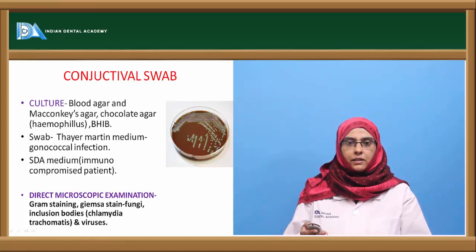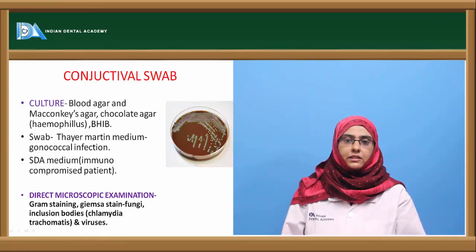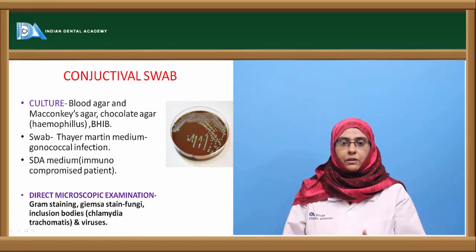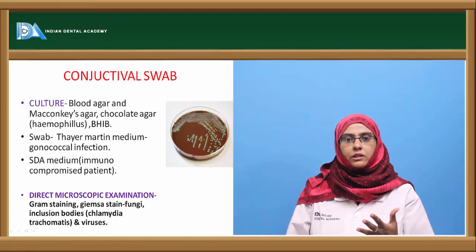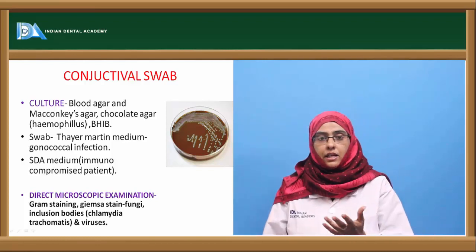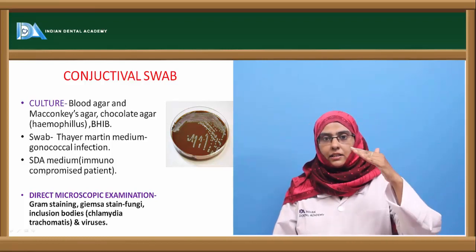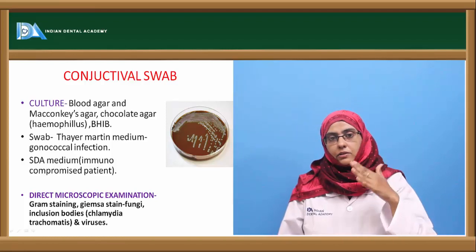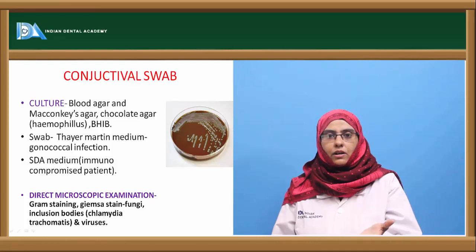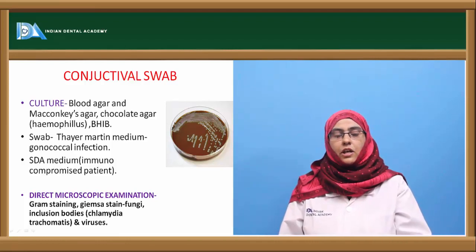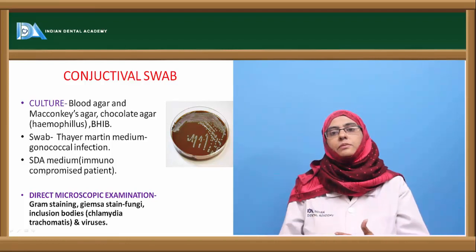For patients who are immunocompromised, that is, patients with immunodeficiency disorders usually caused by HIV infection, the immune system is completely brought down. So they are called immunocompromised patients, and they are more subject to different types of fungal infections.